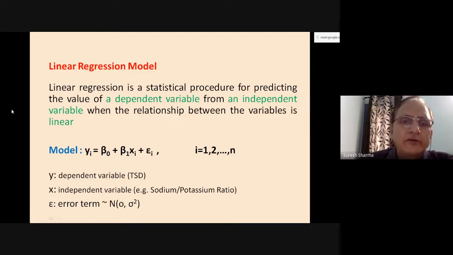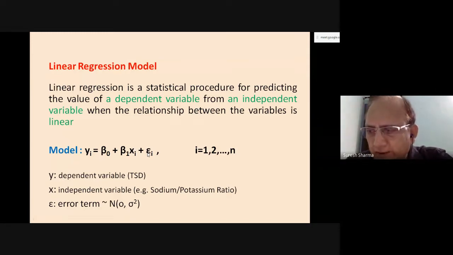Let's say the value of beta naught is 3.4 and the value of beta 1 is 4.9. So these two values are known to you, and your equation will be y = 3.4 + 4.9 x. Error will go to 0. And how do we make the error 0? That is done by a mathematical principle called the method of least squares.